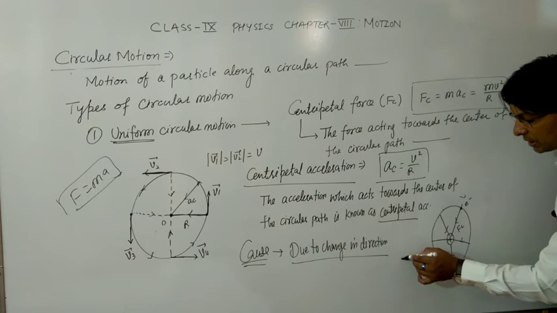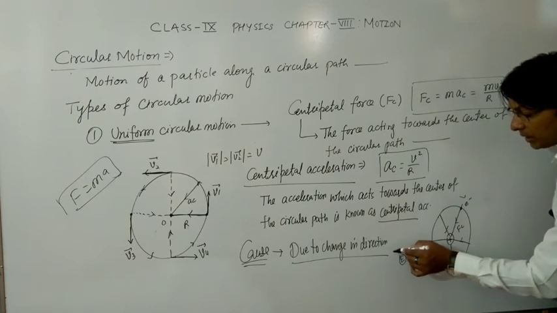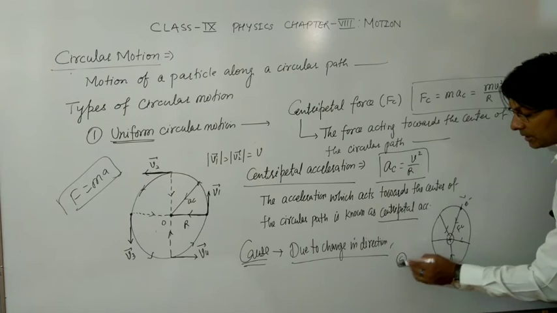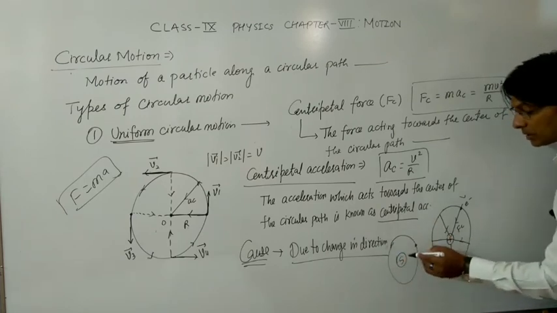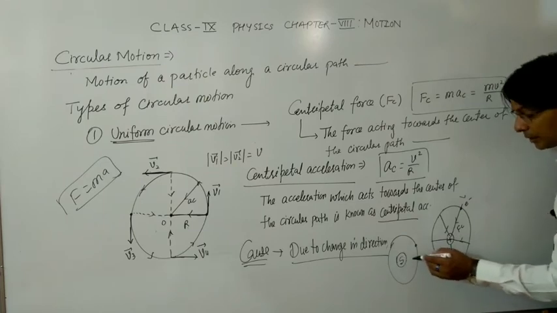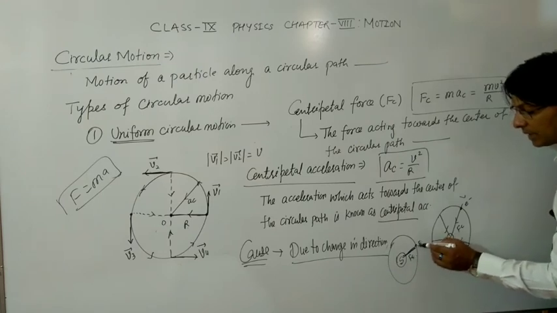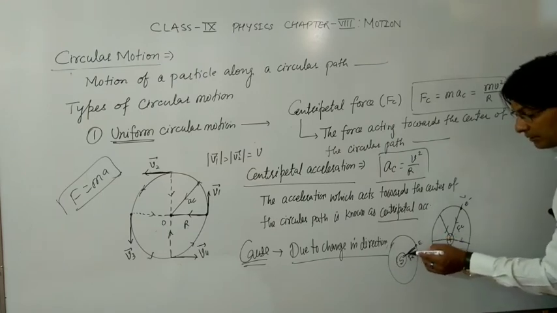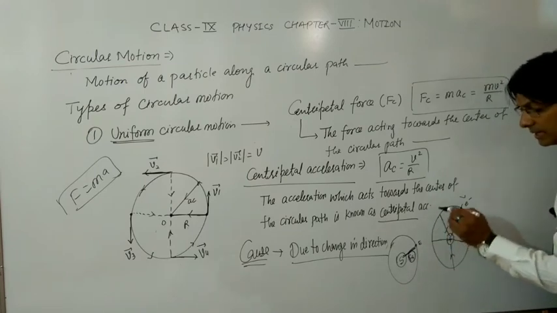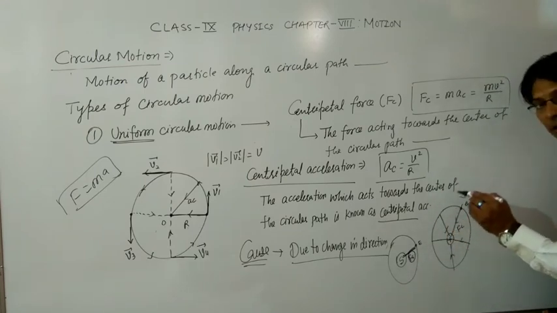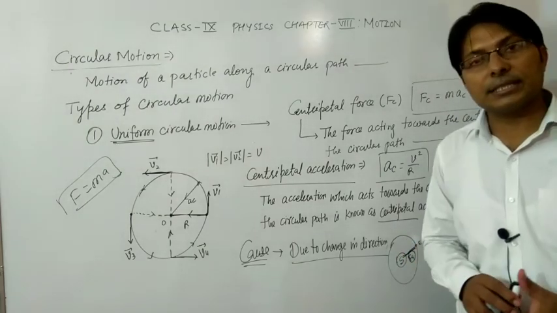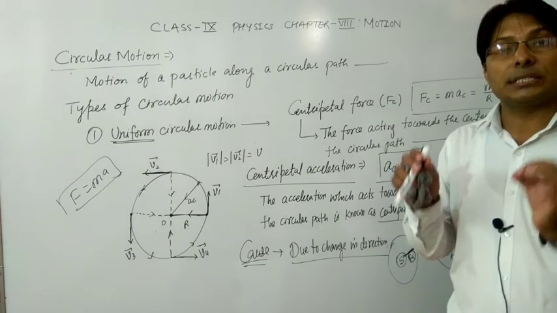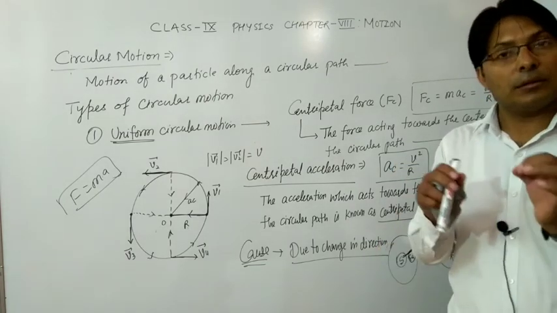Similarly, suppose this is the sun and this is our earth. This earth is moving along a circular path around the sun under the effect of gravitational force between earth and sun. So this gravitational force is acting like centripetal force. So whenever there is circular motion, there must be centripetal acceleration and centripetal force.